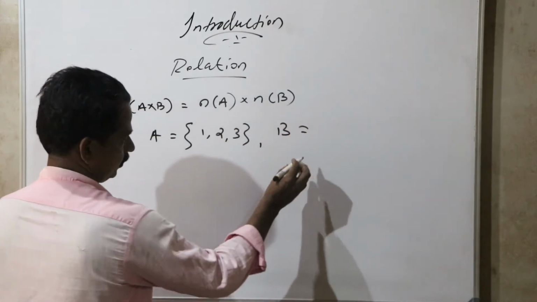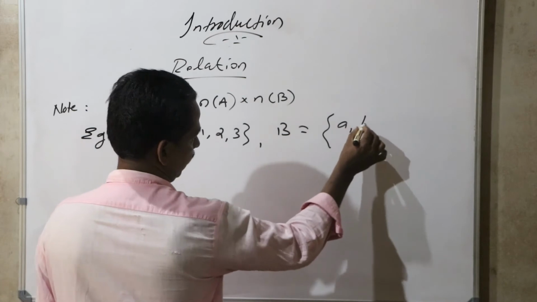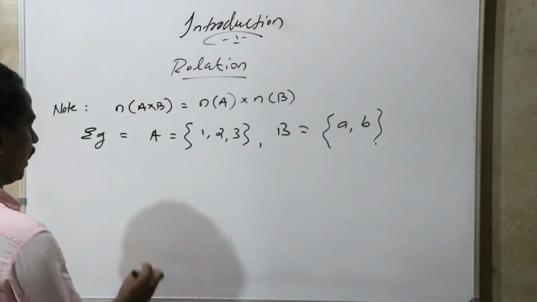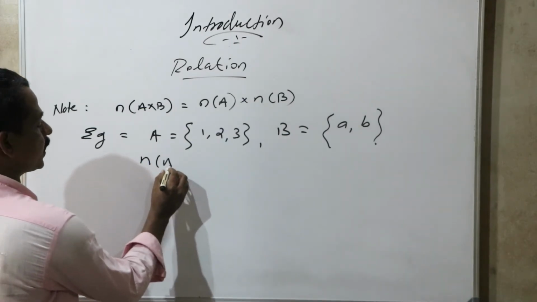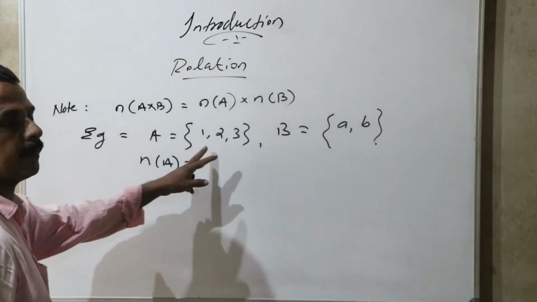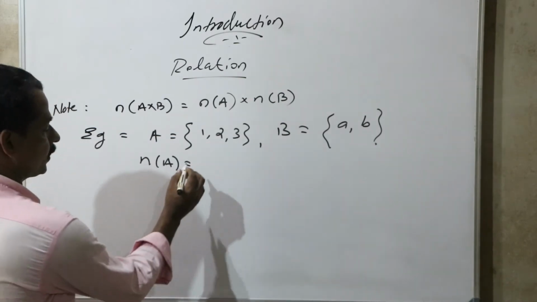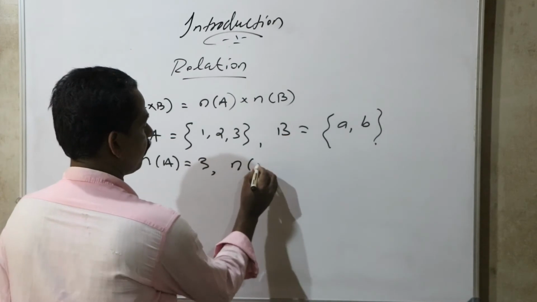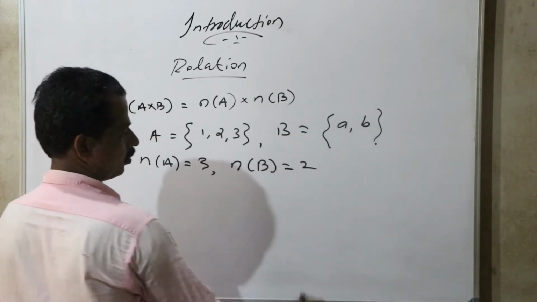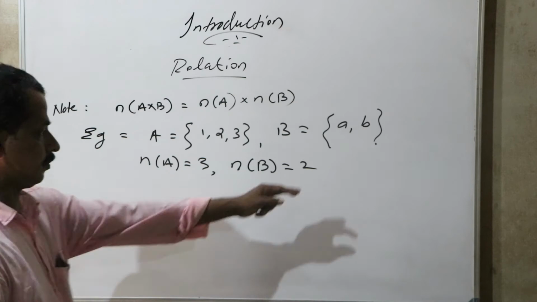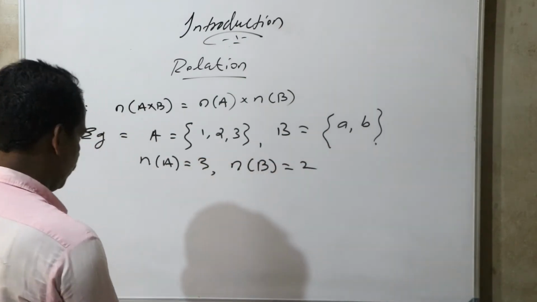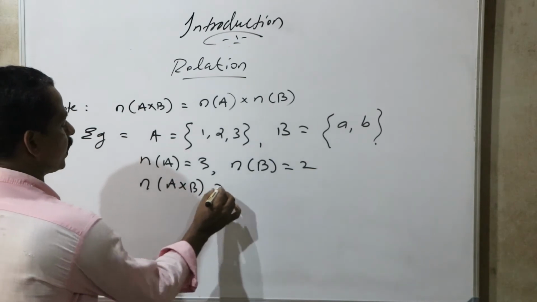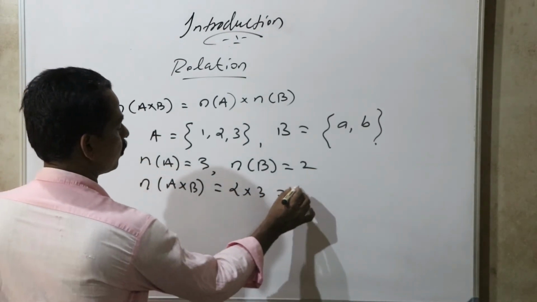B is equal to A, B. Here, number of A means the elements in set A, 3. Number of B equal to 2 elements. Then number of A cross B is equal to 2 into 3 equal to 6.